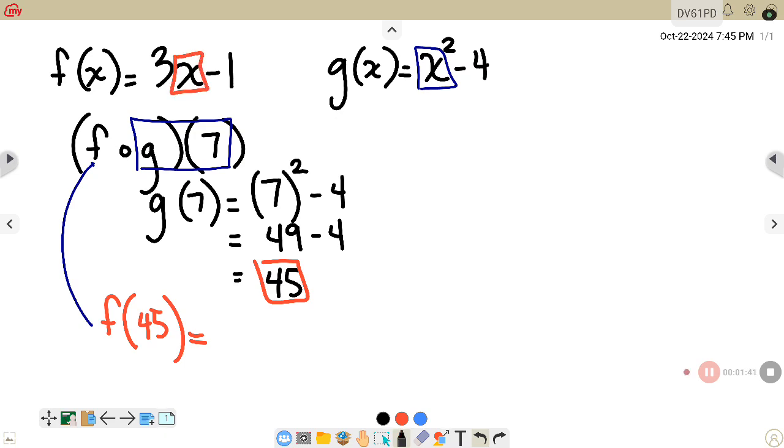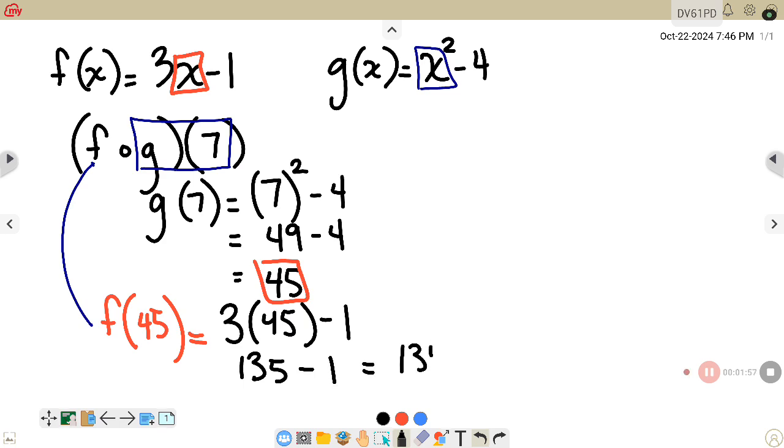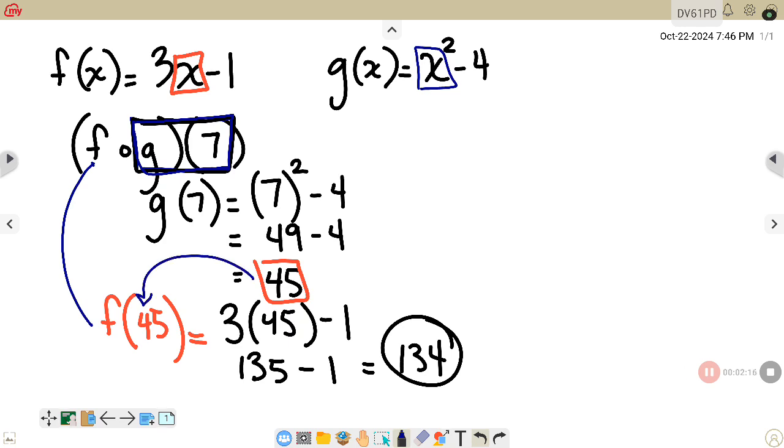When I do that, I will have 3 times 45 minus 1, which gives me 135 minus 1, which gives me 134, which is your answer. So again, you find what is in this spot first, the g of 7. Once you get an answer there, you plug that answer into the other function, the f function.